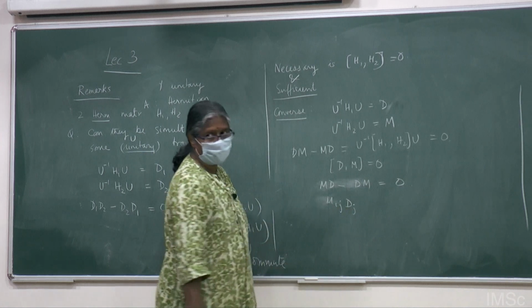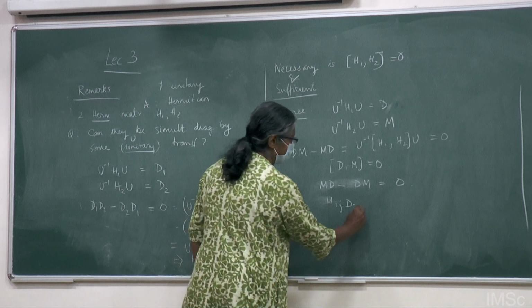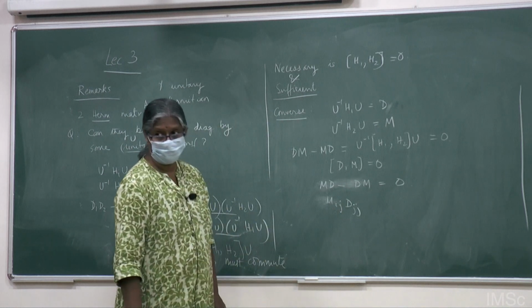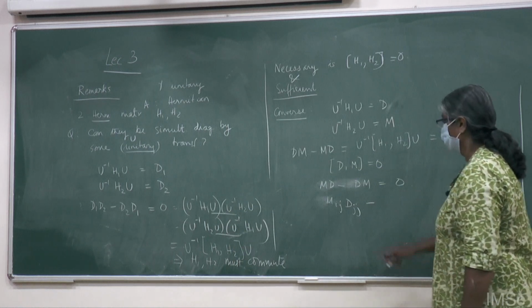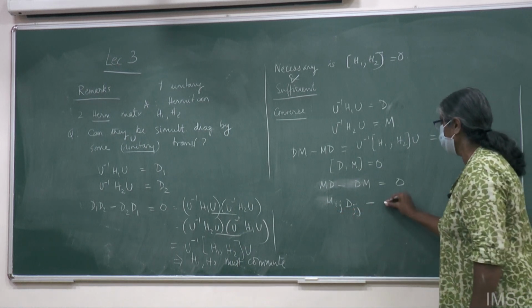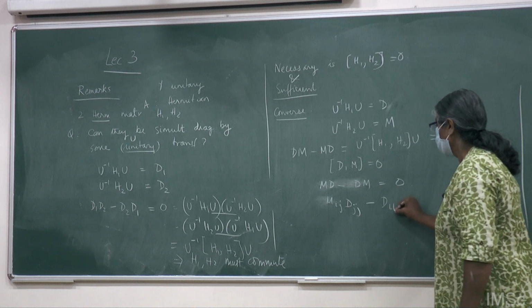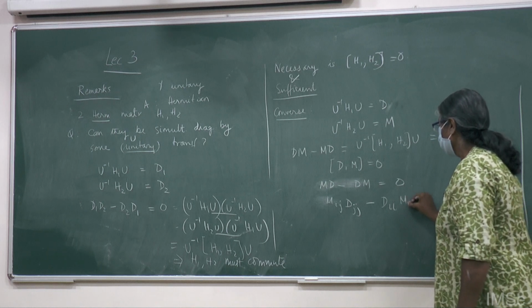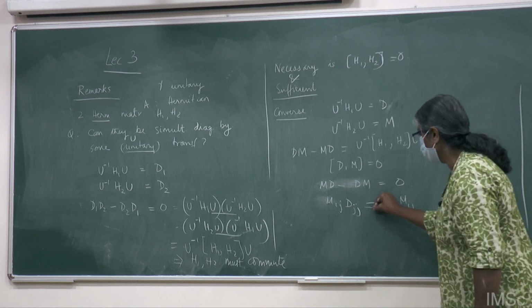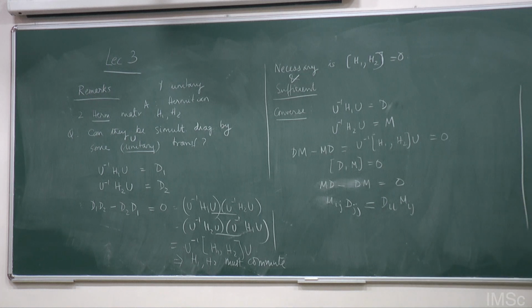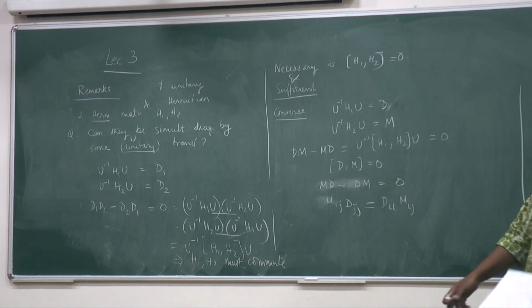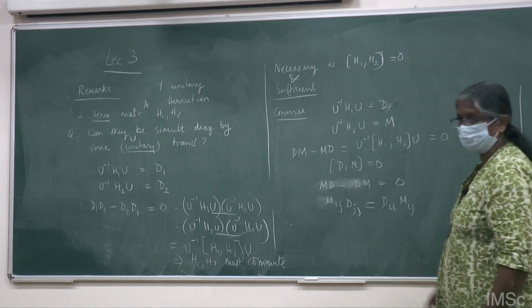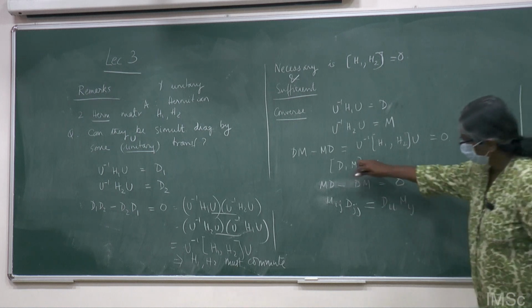So this will be the ikth element, but d is diagonal, so this is only djj. Minus, so this is the ijth element, so this has to be d ii m ij is equal to 0, or these two are equal. Is it clear? I have just written the ijth element of each of them.